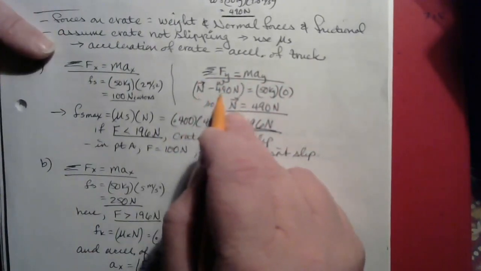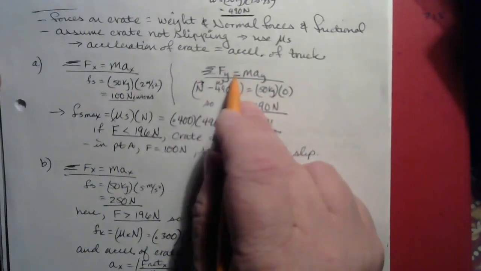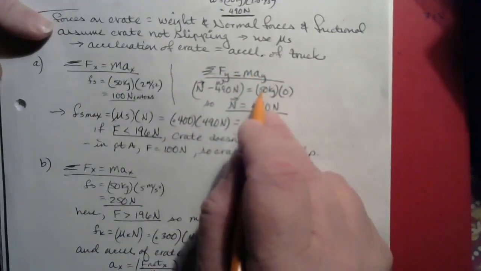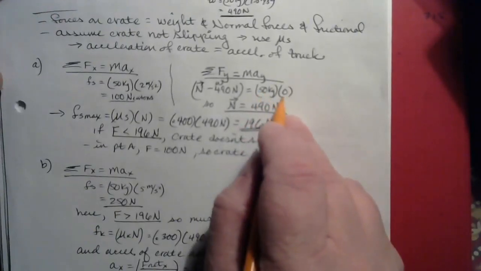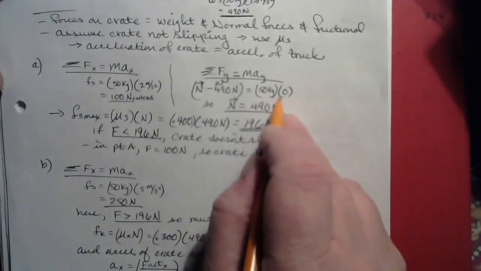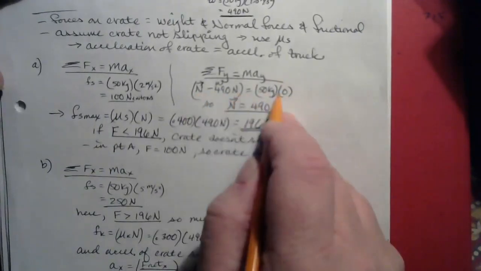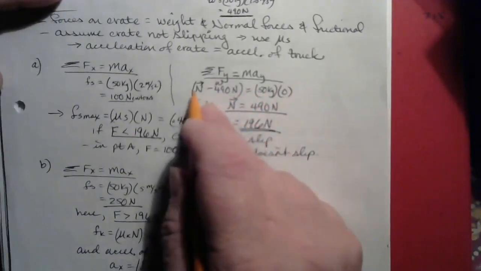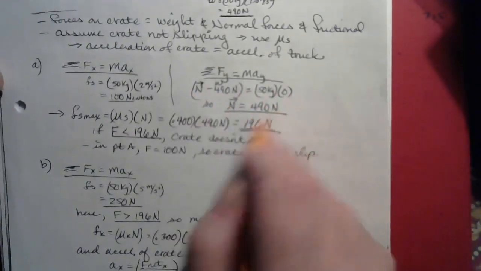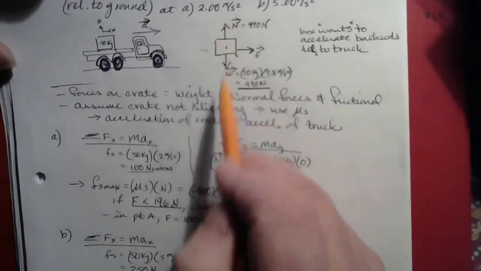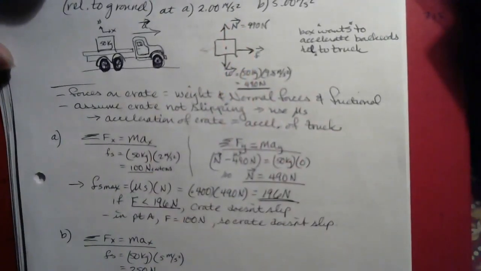And that would be the normal force minus 490 newtons. And that should be equal to the mass times the acceleration in the y direction. The mass is 50 kilograms, and the acceleration in the y direction is, of course, 0. So that means N minus 490 equals 0, and therefore N must be equal to 490, which is basically what we figured out up here already, just logically. Since there's no acceleration in the y direction, then the normal force must be equal to the weight.